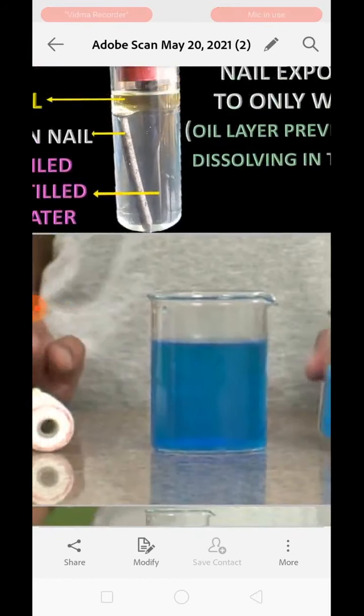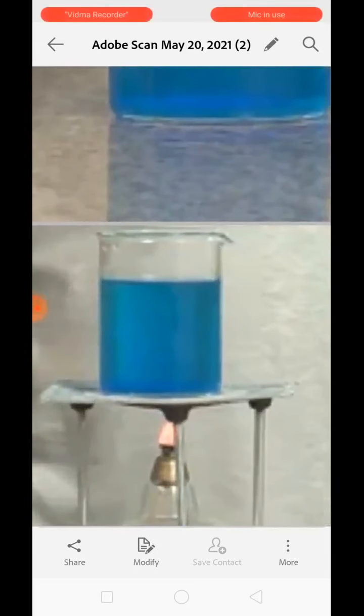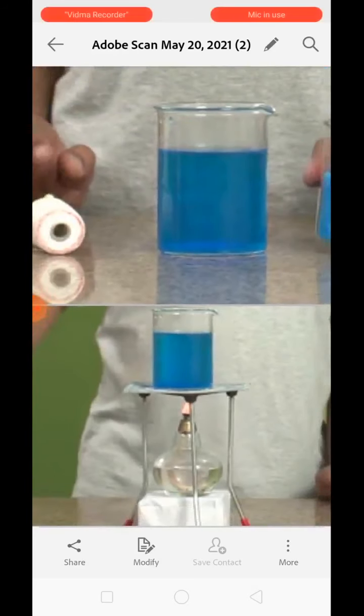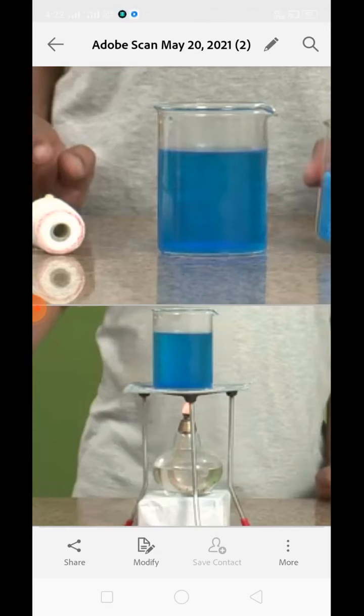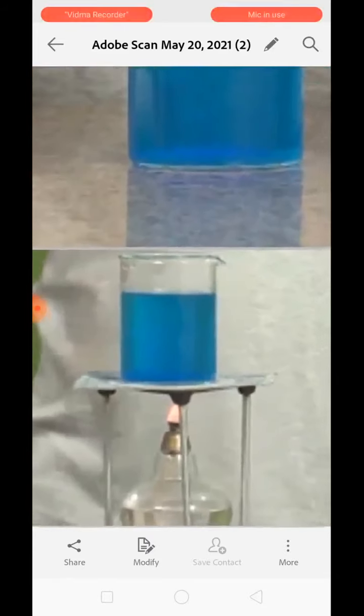Understood? But after heating it, can we dissolve some more copper sulfate in this solution? Yes, we can. Why? Because after heating, the capacity of a solvent like water to dissolve the solute increases. Okay, it means now the copper sulfate solution can take a larger amount of copper sulfate.